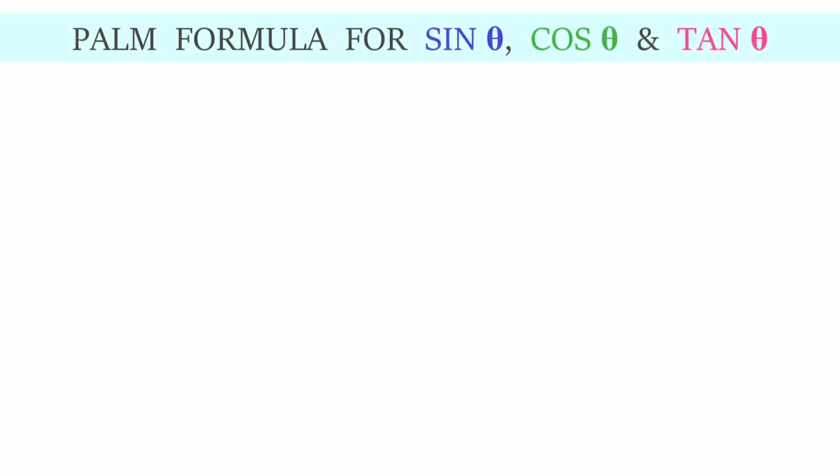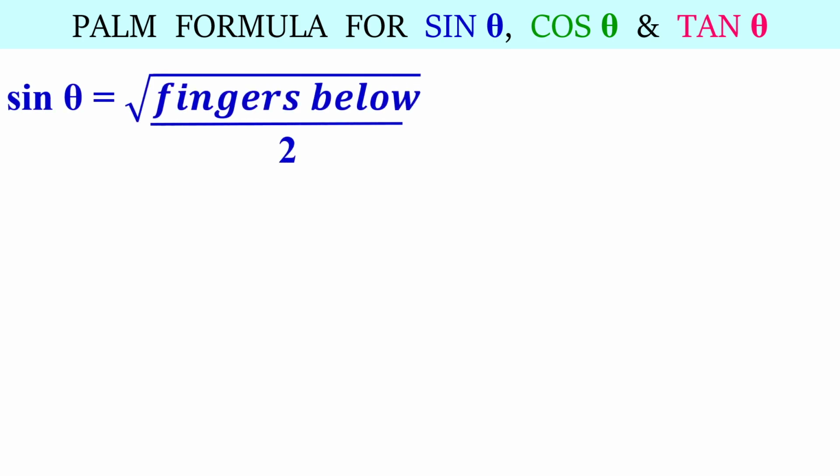First of all, let us see the palm formula for all these ratios: sine theta, cos theta and tan theta. First, the formula for sine theta. It is square root of fingers below upon 2. Remember, this denominator 2 is not inside the root, only the numerator, in which I have written fingers below.